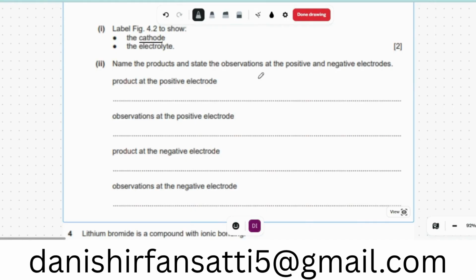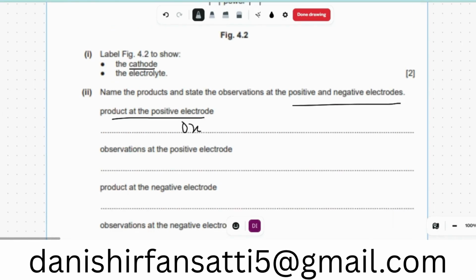Name the product and state the observation at the positive and negative electrode. The product at the positive electrode is oxygen, because O is minus 2. That is oxygen.